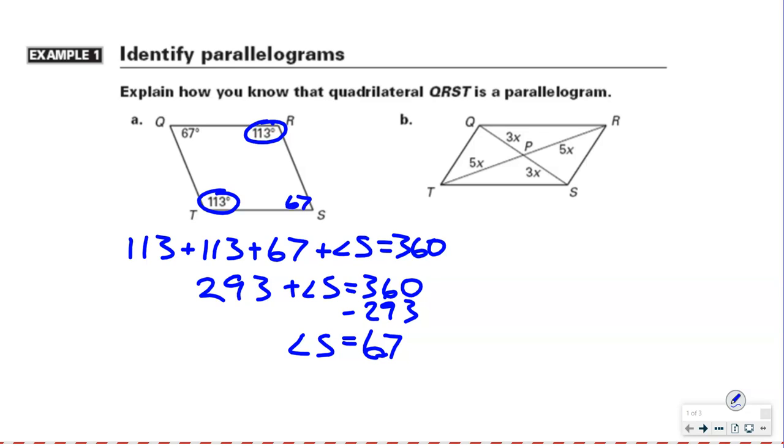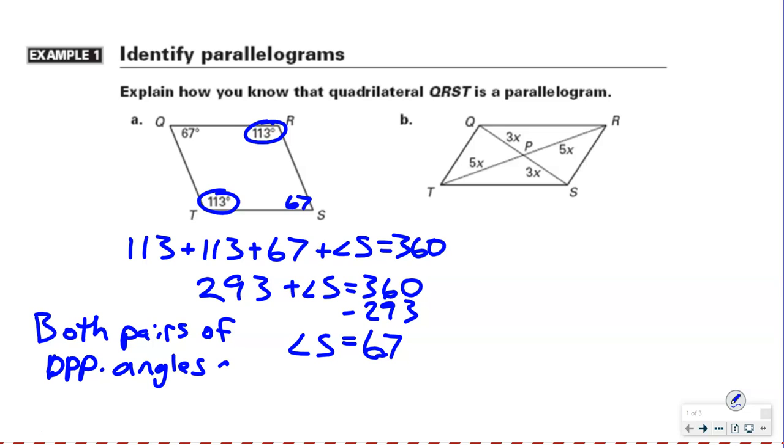So it does equal 67. So they are congruent. Q and S are congruent. So we've got 2 sets of opposite angles. So this is our reason: both pairs of opposite angles are congruent.